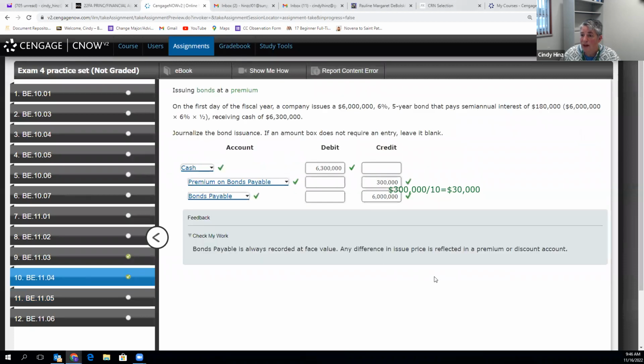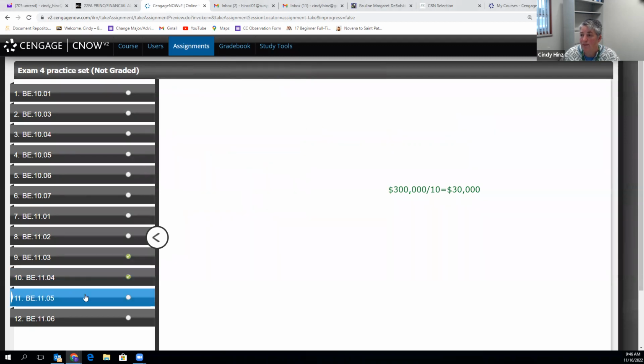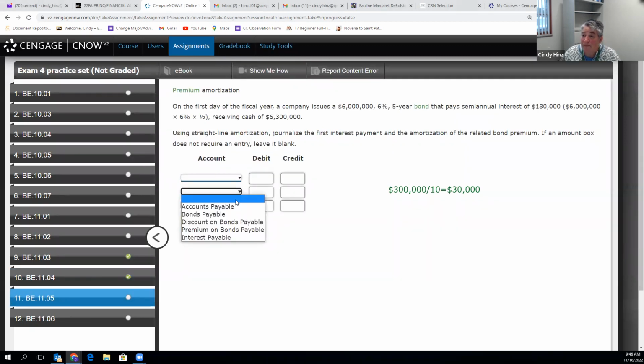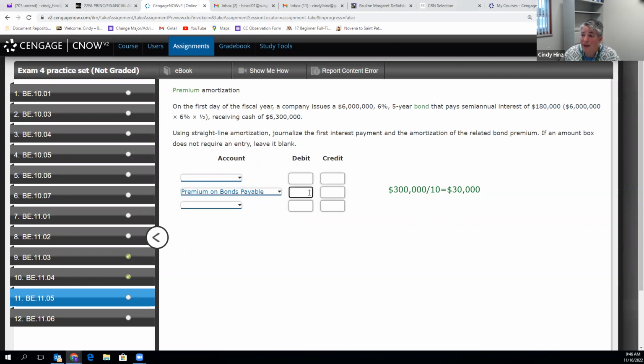So since we have done exercise 10 already, we have that premium. I can show you, we have that premium that's a credit balance. So to get rid of that, we will need to be debiting that premium account for $30,000 each time. $30,000 every 6 months over the 5 years. At the end of the 5 years, when we make that final interest payment, the premium will be completely amortized.